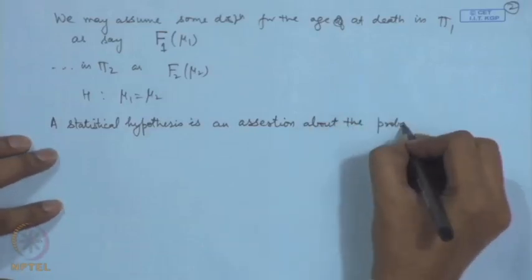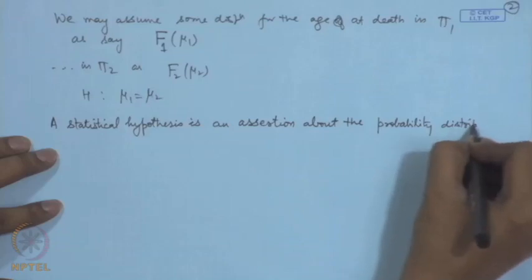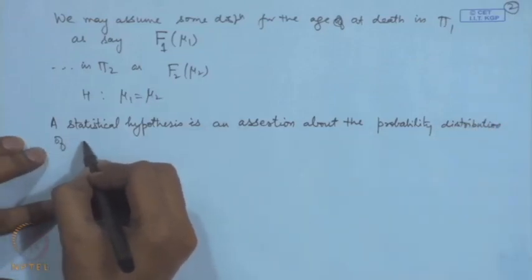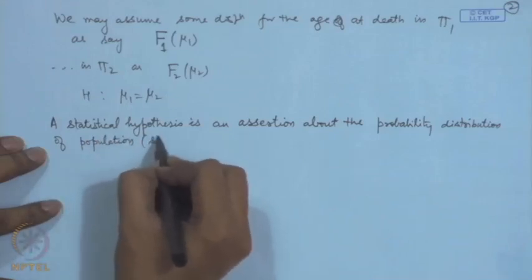So, we may like to check whether the distribution of incomes follows a Pareto distribution or some other distribution. So, in that case we are checking the form of the distribution itself. So, in general a statistical hypothesis is an assertion about the probability distribution of a population. It could be one population, it could be more than one population also.